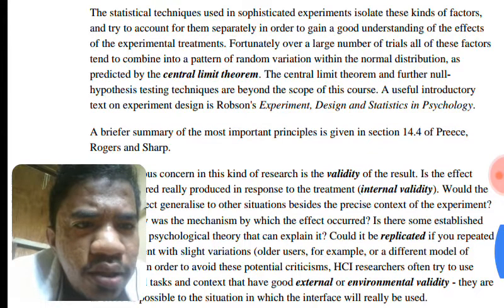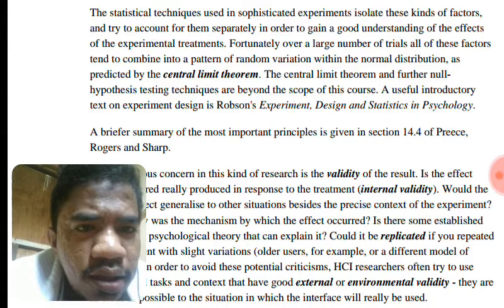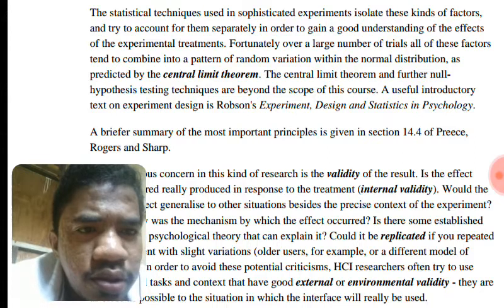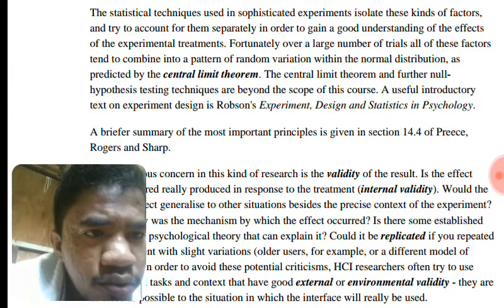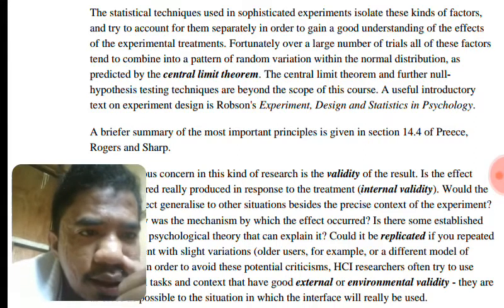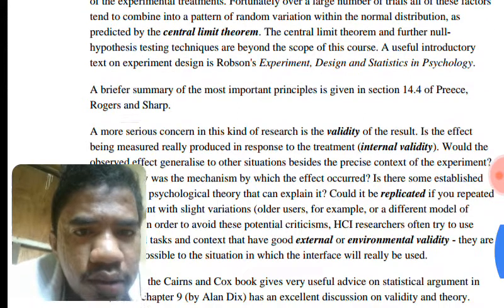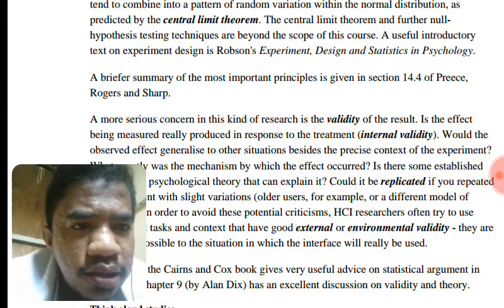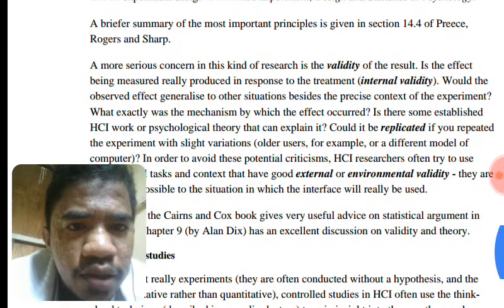The central limit theorem and the null hypothesis testing technique are beyond the scope of this course. A useful introductory text on experiment design is Robson, Experiment Design and Statistics in Psychology. A brief summary of the most important principles is given in section 14.4 in Preece, Rogers, and Sharp.